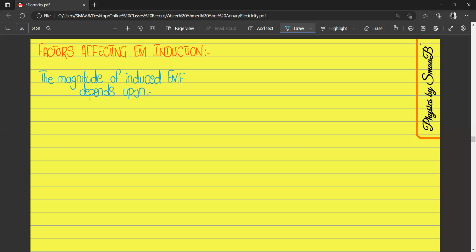Resistance depends upon the length and cross-sectional area, right? If we increase or decrease the length, resistance is affected. And if we increase or decrease the cross-sectional area, the value of resistance also increases or decreases, right? The same goes for the factors of induced EMF.